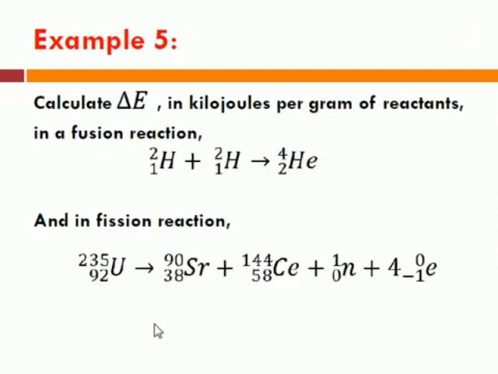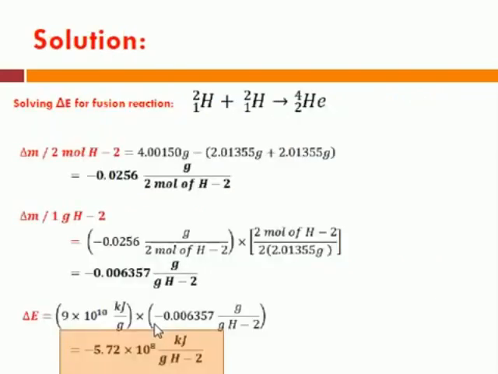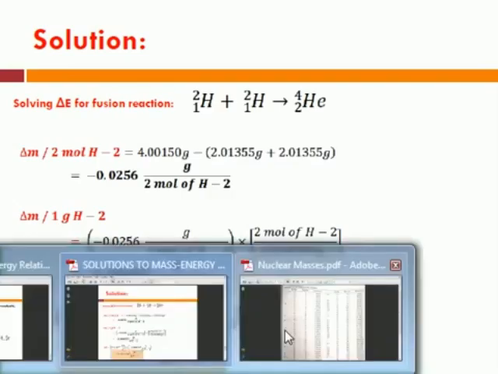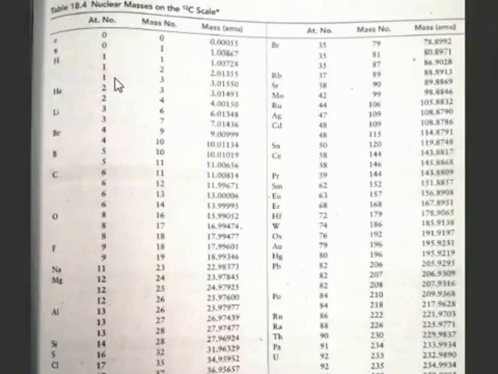First, solving delta E for the fusion reaction. We have 2 moles of hydrogen-2. The nuclear mass of hydrogen-2 is 2.01355.